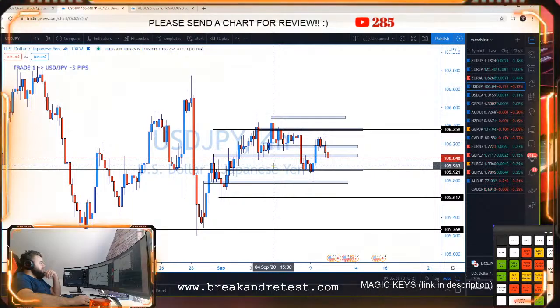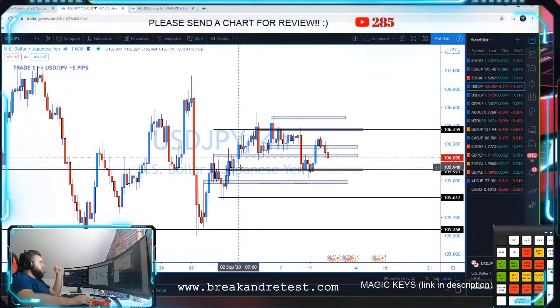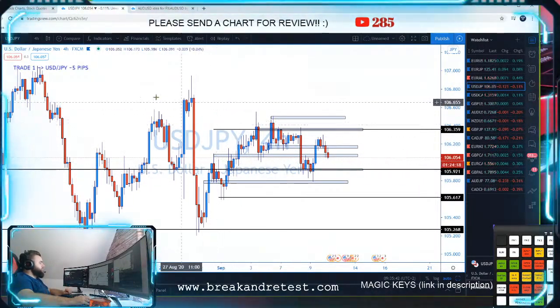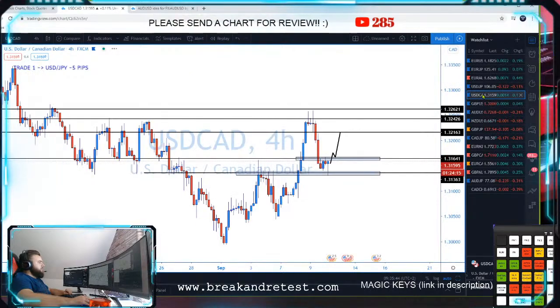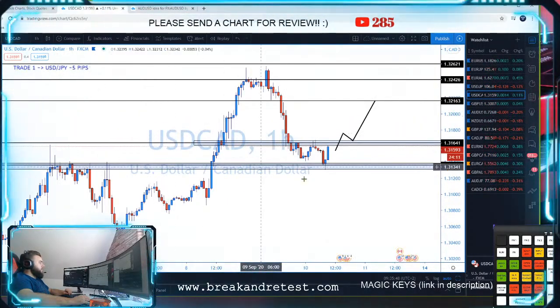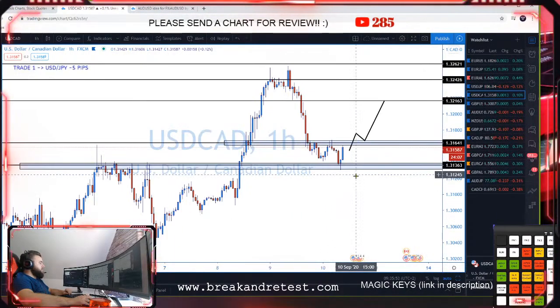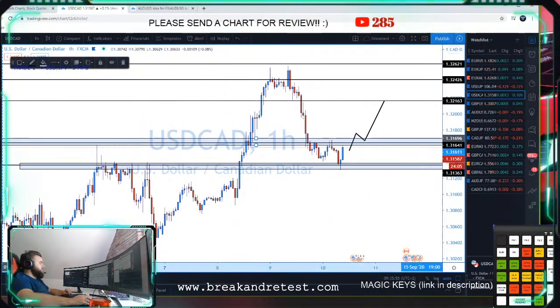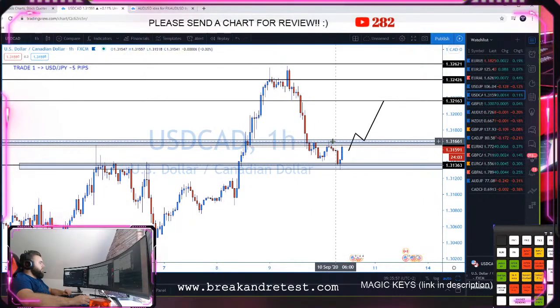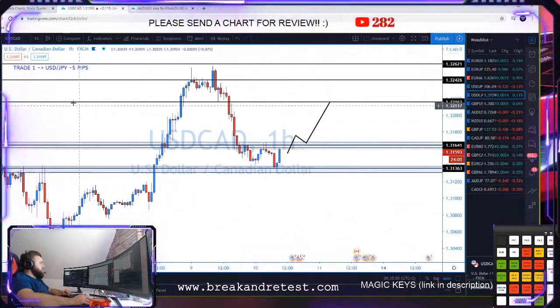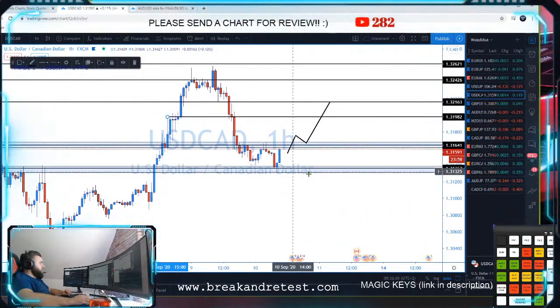UJ has too many zones in between also. We are trying to stay away from these pairs that have too many zones, because we go to USD CAD, it's much more cleaner. We break this resistance, we go all the way up to the next one.